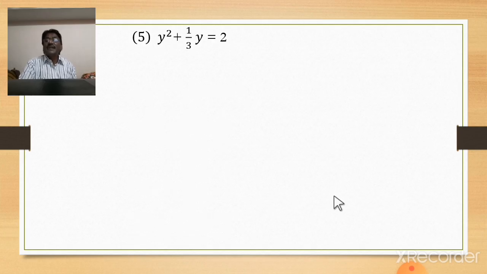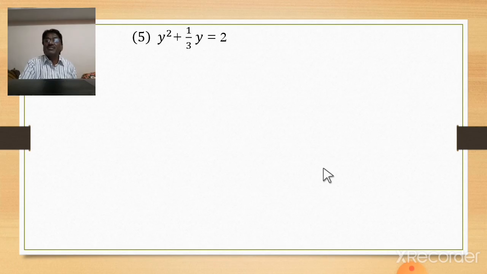This is the fifth example, the second example of the main, and that is y square plus 1 upon 3 y is equal to 2. This equation is not in the form ax square plus bx plus c is equal to 0.